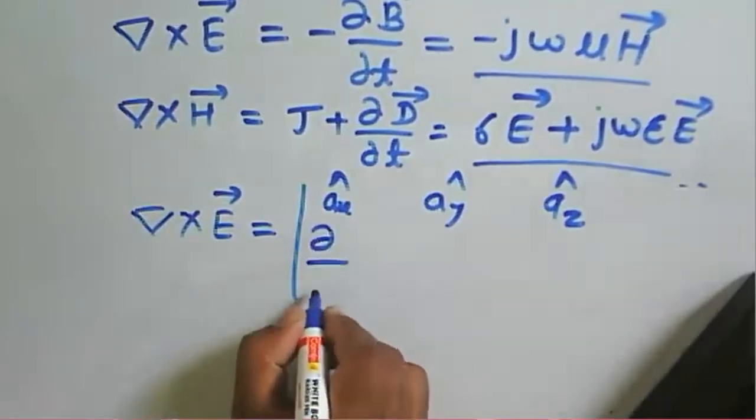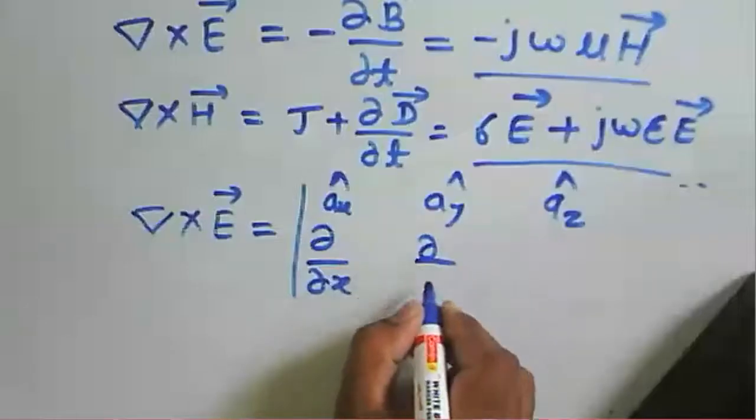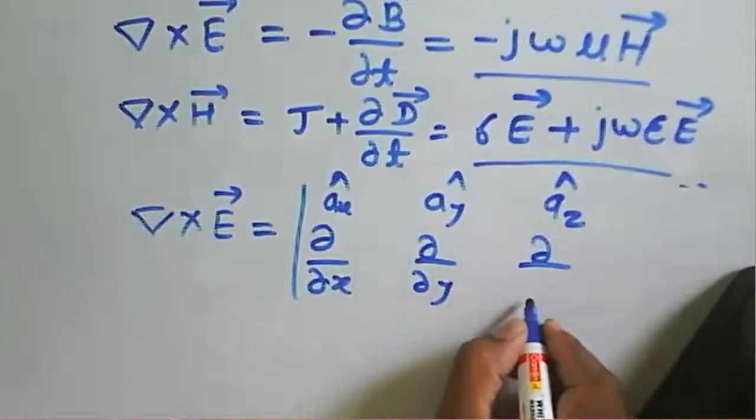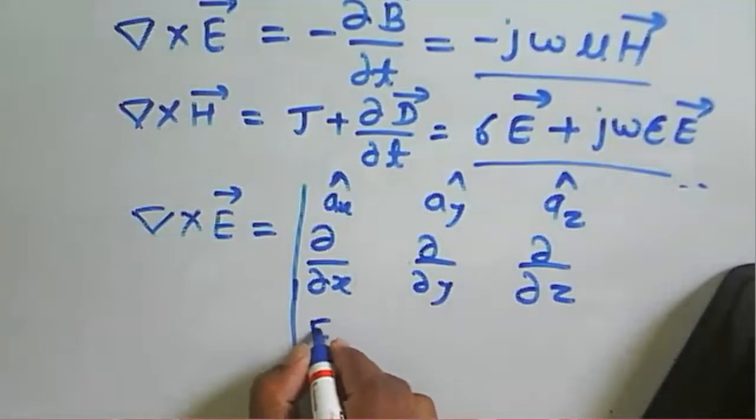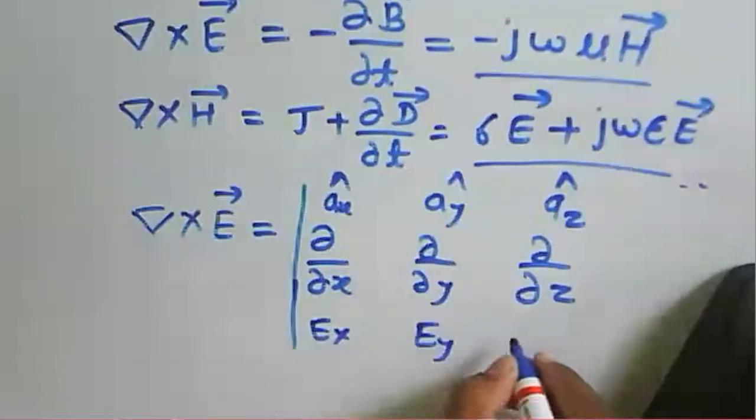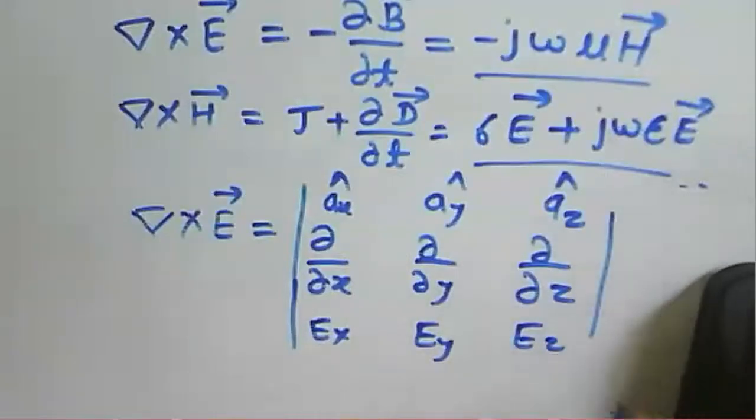Then this will be dou by dou x, dou by dou y, and dou by dou z. Then we have this component of Ex, Ey, and Ez here.